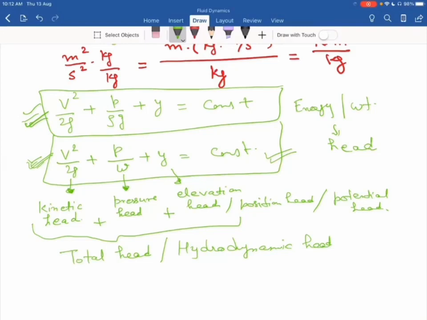Now, if I write this Bernoulli's equation in terms of a statement, then that becomes Bernoulli's theorem. So the statement of Bernoulli's equation is Bernoulli's theorem.